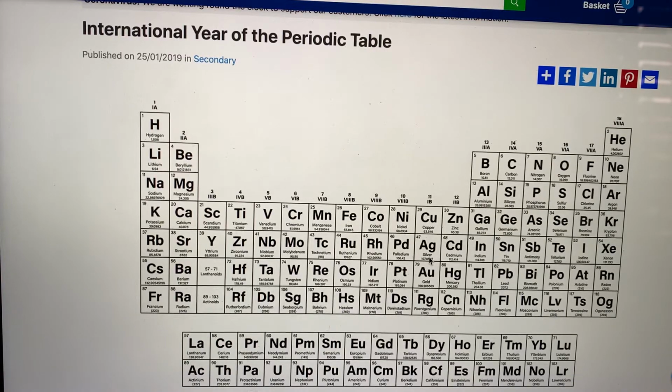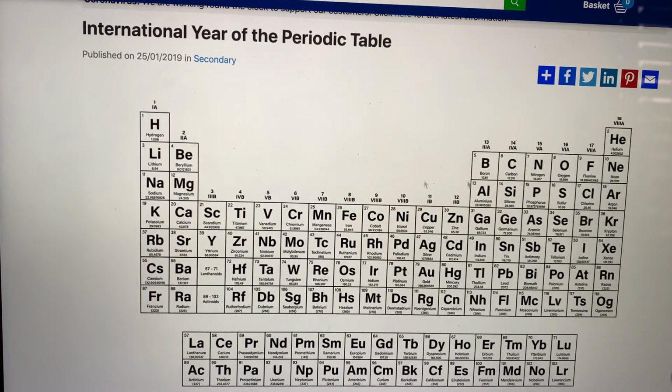Most of them can form multiple charges, various ions with various charges. Then you have groups 13, 14, 15, group 16 is called chalcogens, group 17 is called halogens, and group 18 is called noble gases. Those are specialty names.